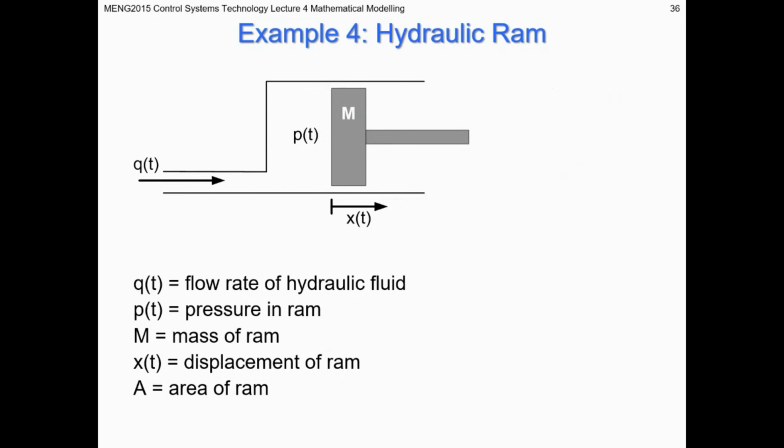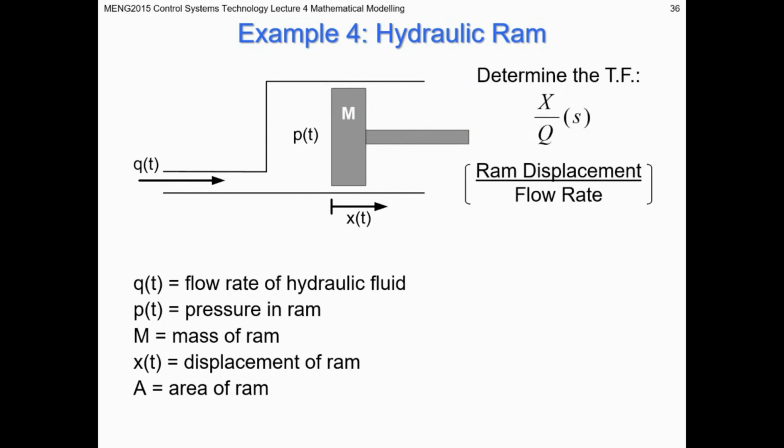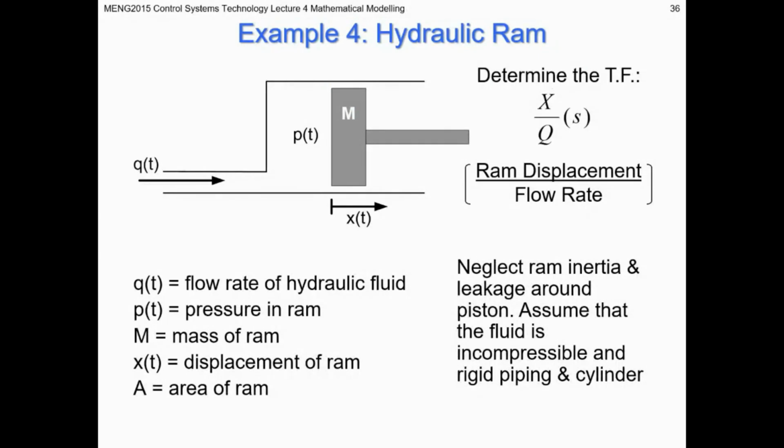From that we can start to make some simplifying assumptions. We're going to neglect the ram inertia, which means we assume m equals 0 for now, and we're also assuming that the fluid is incompressible, which is a fair assumption for hydraulic fluid. We're going to assume rigidity in the pipeline and the cylinder, and no losses around the sides of the piston.